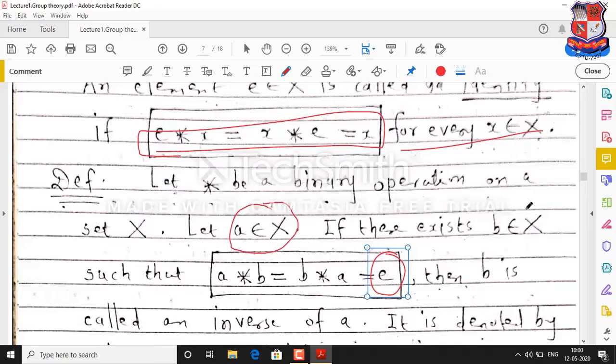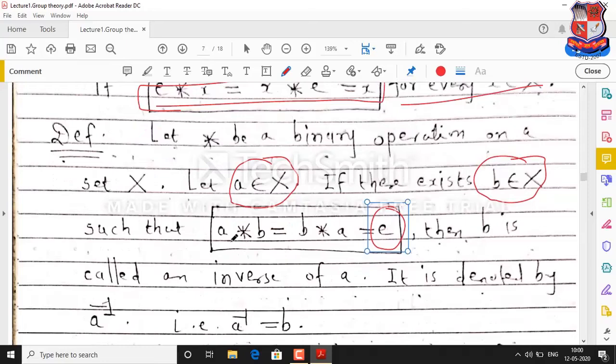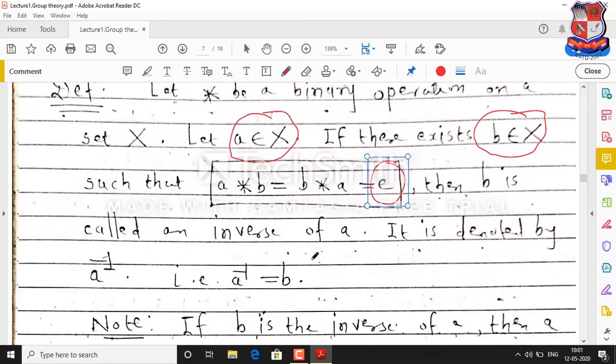If we can find out some another element in this same set such that A star B equal to B star A equal to identity element, then this B is called inverse of A, and it is denoted by A inverse.